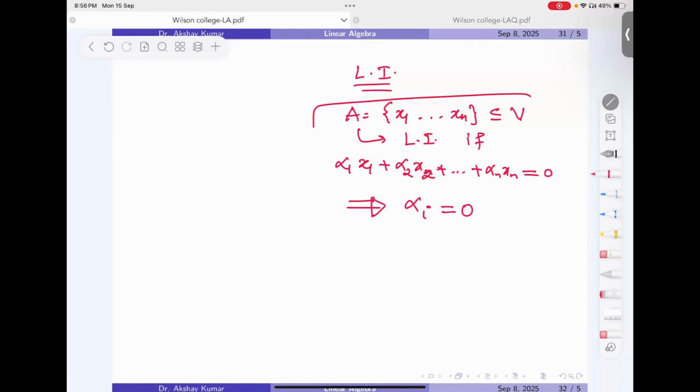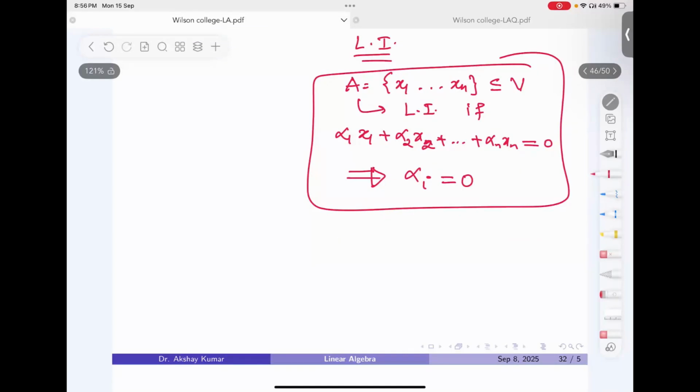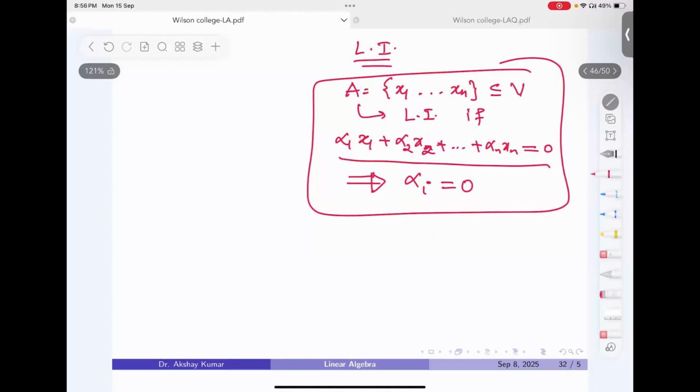This is the definition of linearly independent. If this combination equals 0, then all alpha_i have to be 0.